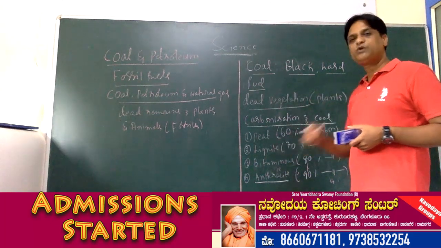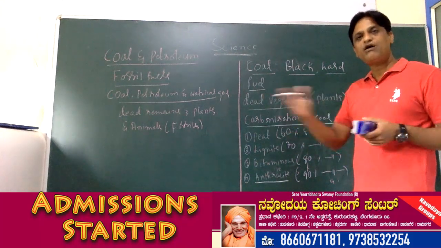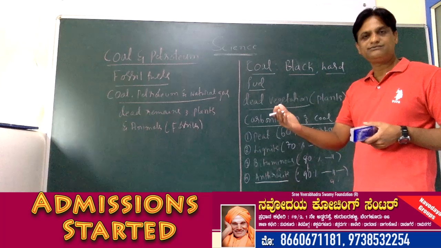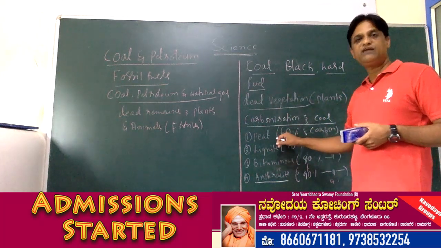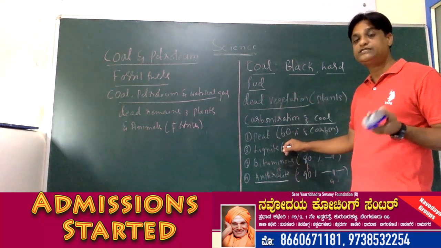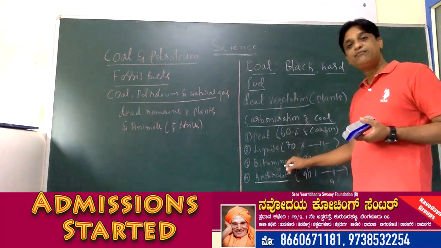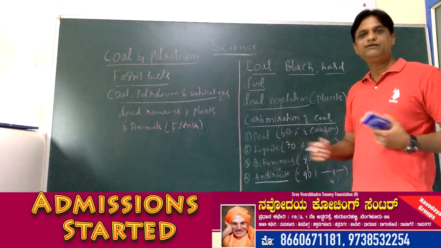Okay. So the process of carbonization is not the same for all vegetative matter. In some places carbonization has been only up to 60%. In some places it is up to 70%. In some places it is 80%. And in some places it will be 90%.